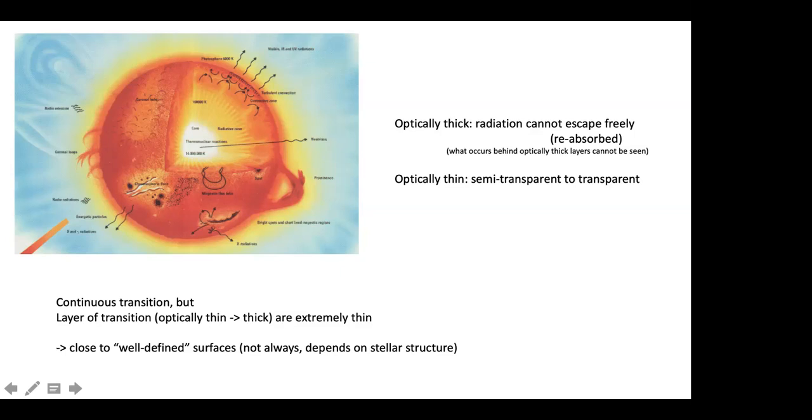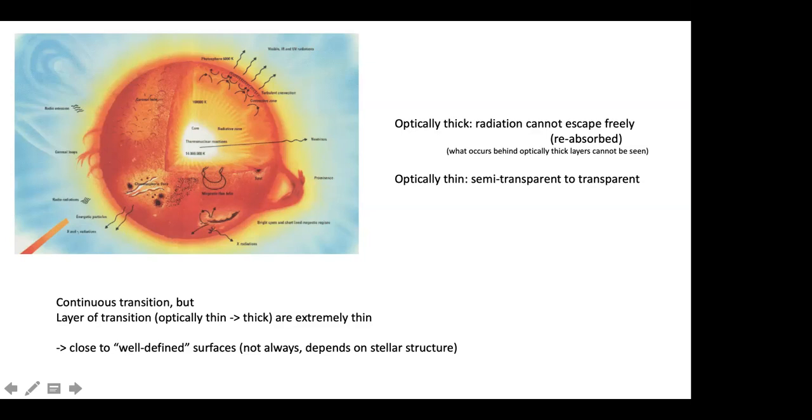And this means that the radiation cannot escape freely. It's instantly reabsorbed. So the radiation emitted by the core or by the internal regions does a very short path before being absorbed again, and then emitted, and then absorbed again, and then emitted and absorbed again.